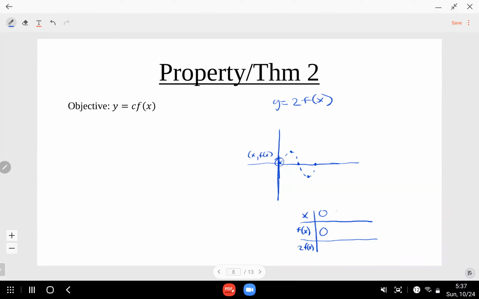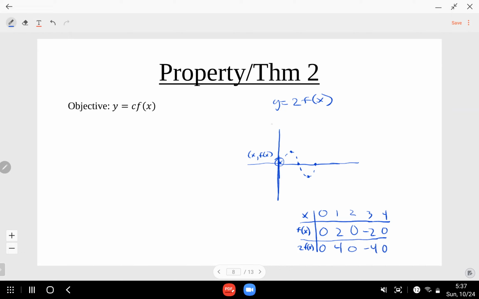And then when x equals 1, then the y value would equal 2, right? And then so forth. Okay, I'm just going to fill it in for you. 3, -2, and 4, 0. Now if you were to multiply these values by 2 because of 2f of x, then you get 0, 4, 0, -4, and 0, right?